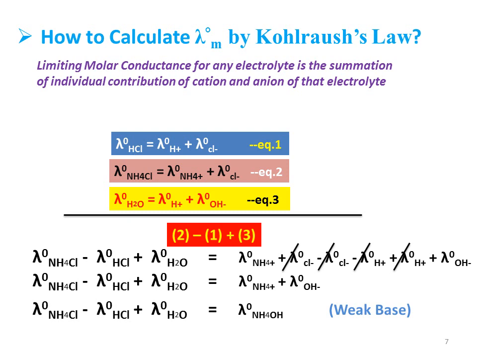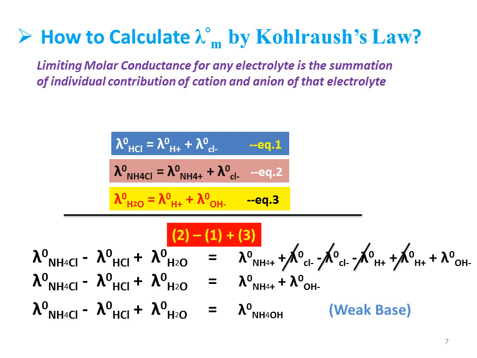In equation number 3, we have H2O, water. The limiting molar conductance of water at zero concentration will be equal to the limiting molar conductance of hydrogen ions at zero concentration plus the limiting molar conductance of hydroxyl ions at zero concentration.